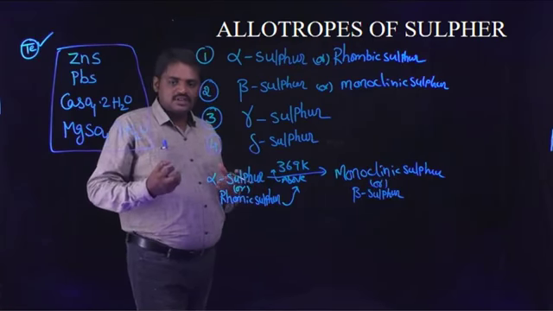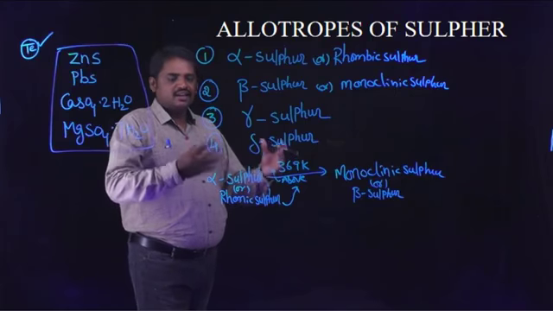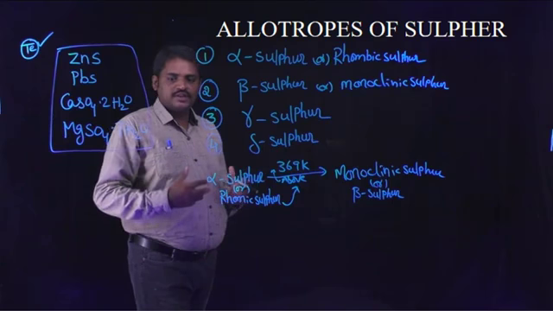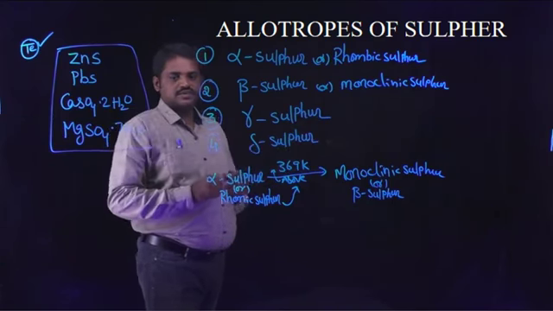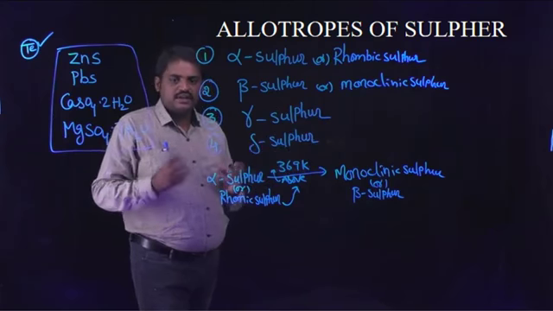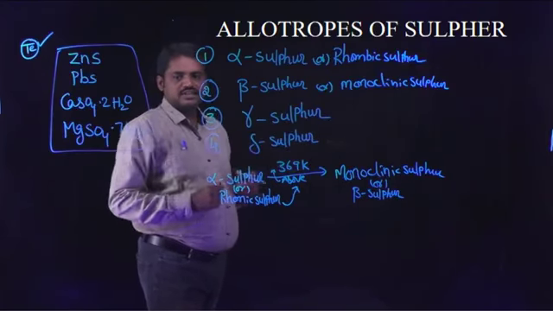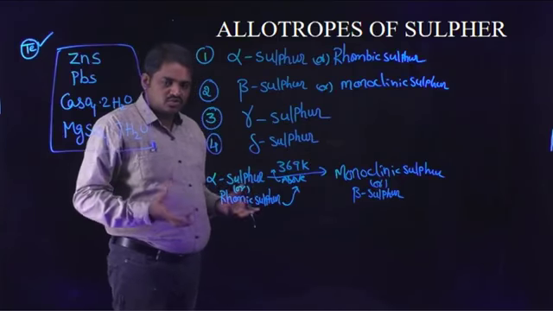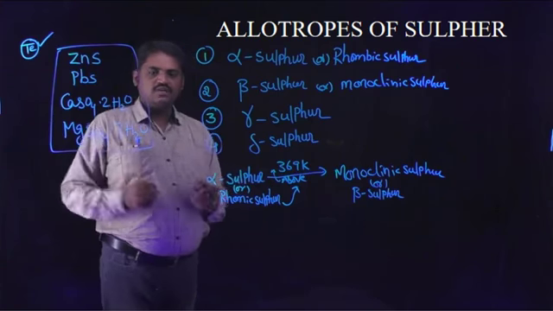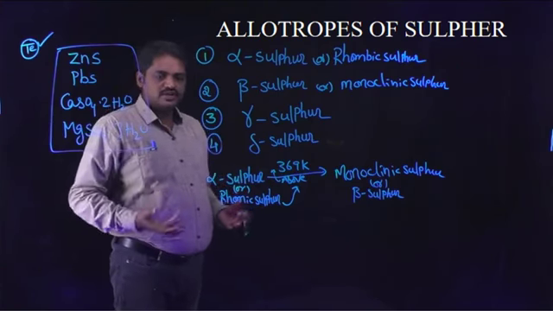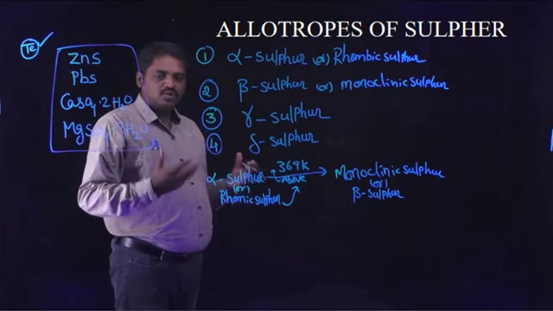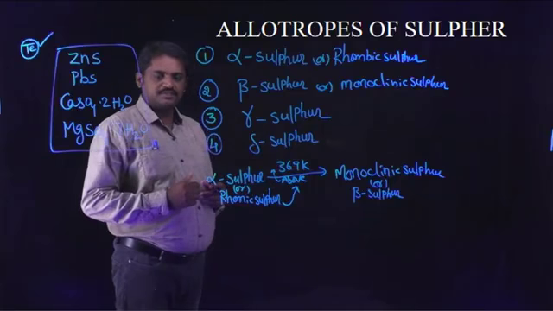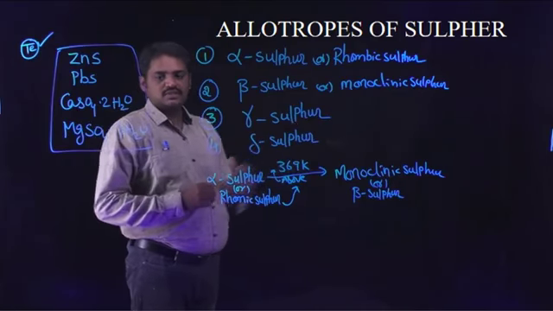When alpha sulfur is heated above 369 kelvins, it is converted to beta sulfur, which means rhombic sulfur is converted to monoclinic sulfur. And when the monoclinic sulfur is cooled, it is converted back to alpha sulfur. Next, beta sulfur or monoclinic sulfur heated above 420 kelvins is converted to gamma sulfur.